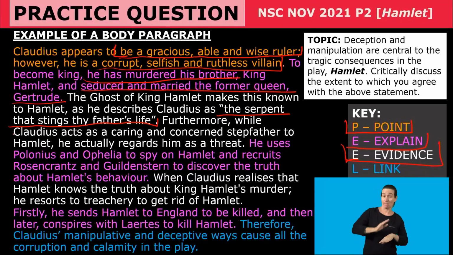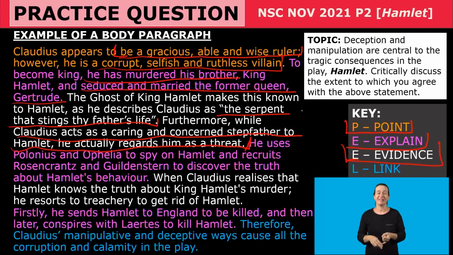Furthermore, while Claudius acts as a caring and concerned stepfather to Hamlet, he actually regards him as a threat. So here we are dealing once again with the deceptive nature of Claudius. He uses Polonius and Ophelia to spy on Hamlet and recruits Rosencrantz and Guildenstern to discover the truth about Hamlet's behavior.